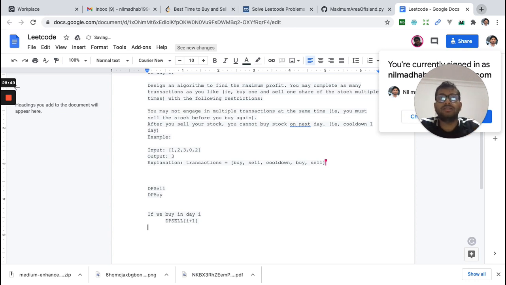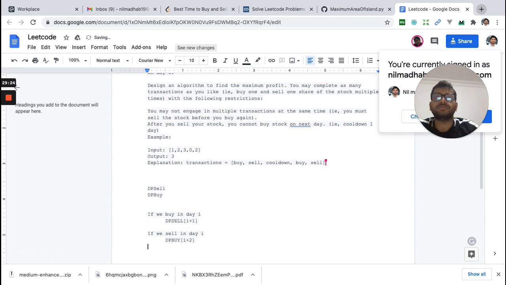And if you sell on day I, then we have to do DP of buy I plus 2, because I have to give one day of cooldown. So DP of sell and DP of buy will be the best possible case we can get if we sell at day I and if we buy at day I.